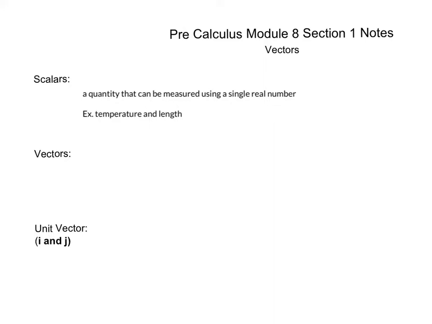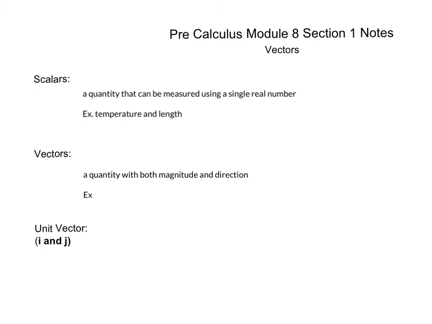Now a vector itself is a quantity with both magnitude and direction. Magnitude is a number, so it's got a size. The direction tells us where it's going.